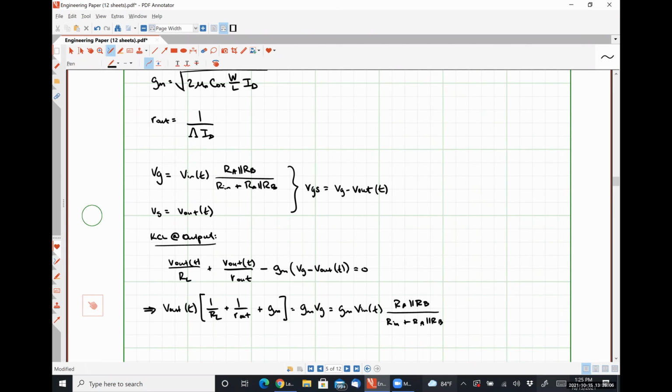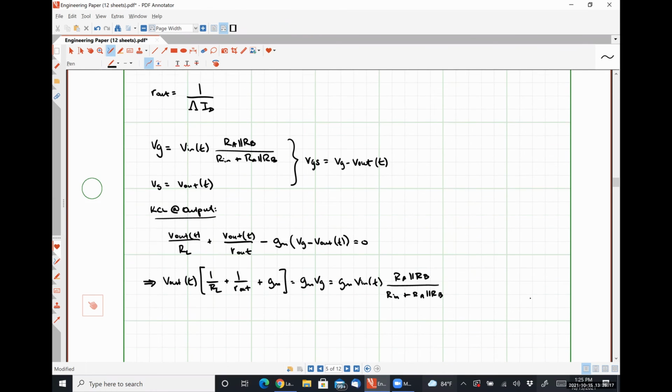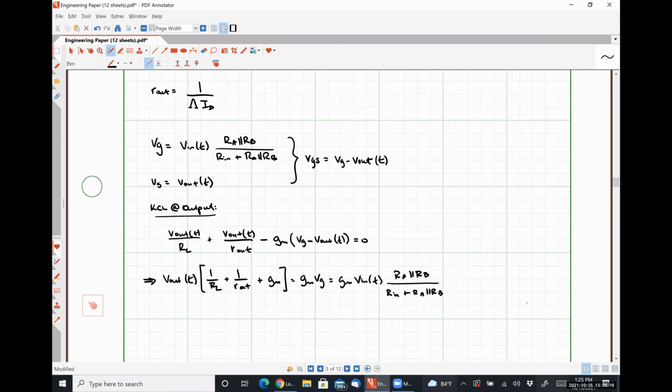So this is another opportunity where we could make VGS, or excuse me, our gate voltage be approximately our input voltage by making Ra in parallel with Rb much greater than that resistance Rn.